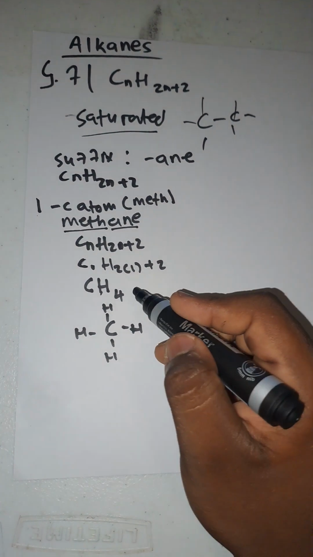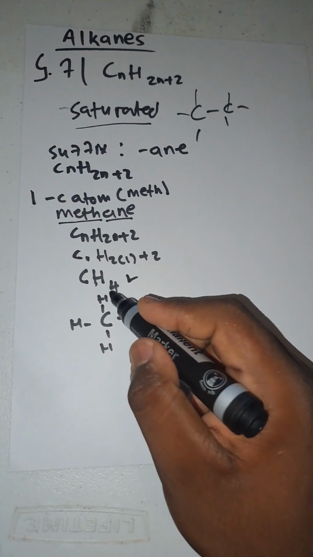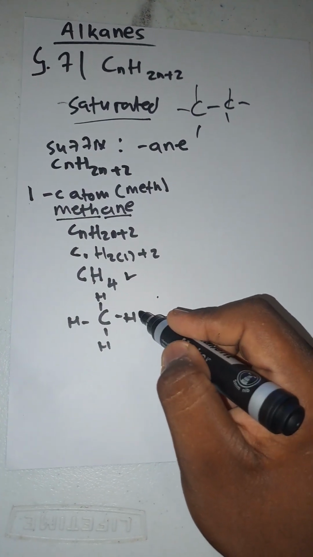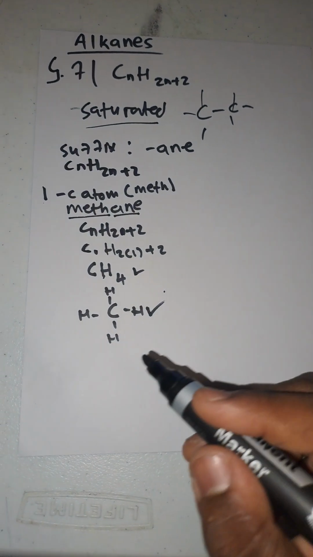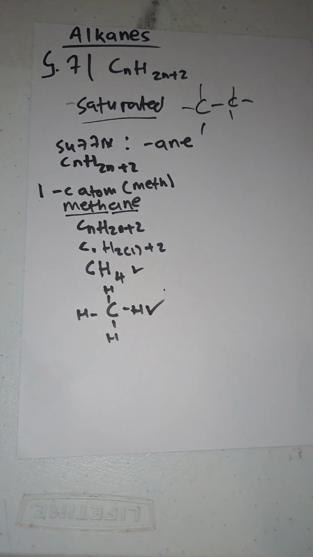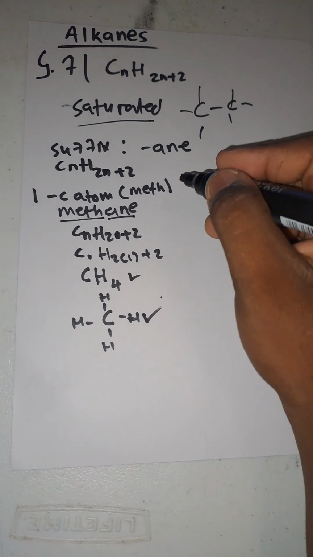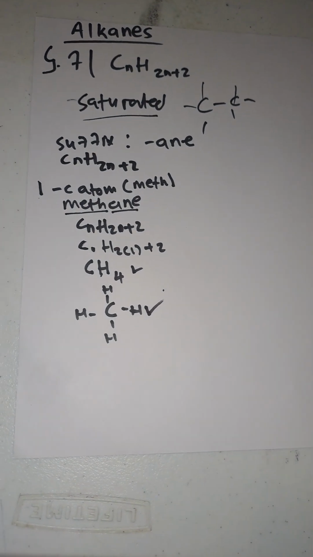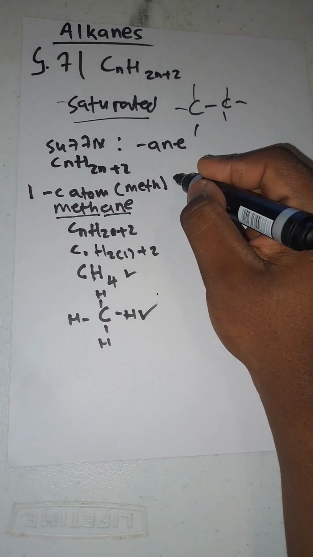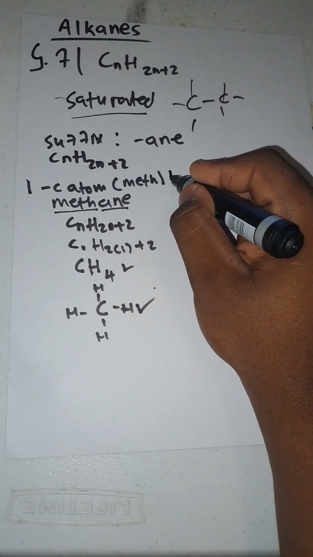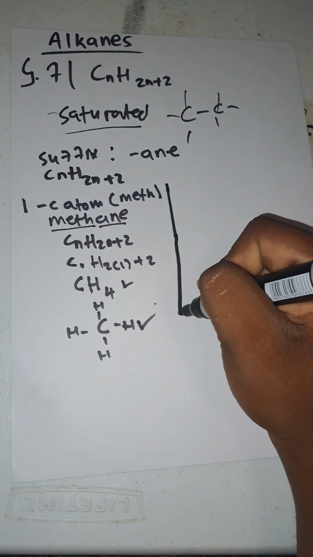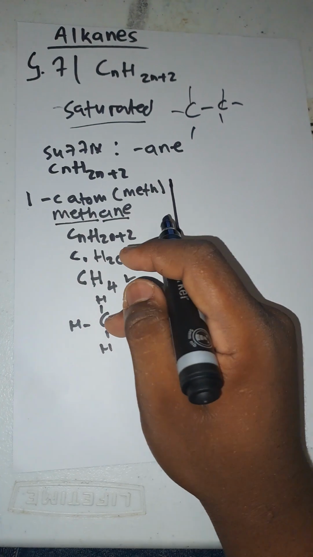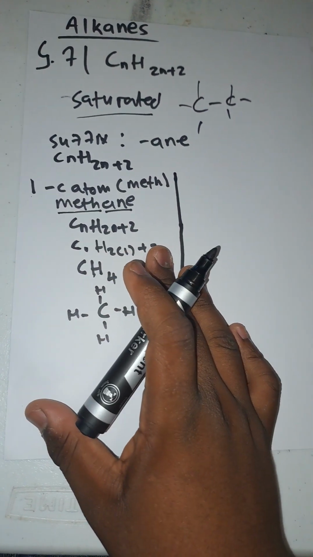That's how you find your molecular formula, and from your molecular formula you can come up with the structural formula. Now I want you to do ethane and propane on your own, to come up with the structural formula and molecular formula. Now I want to do butane.